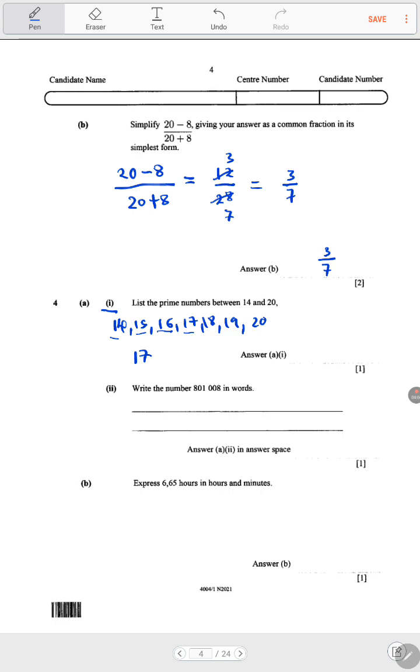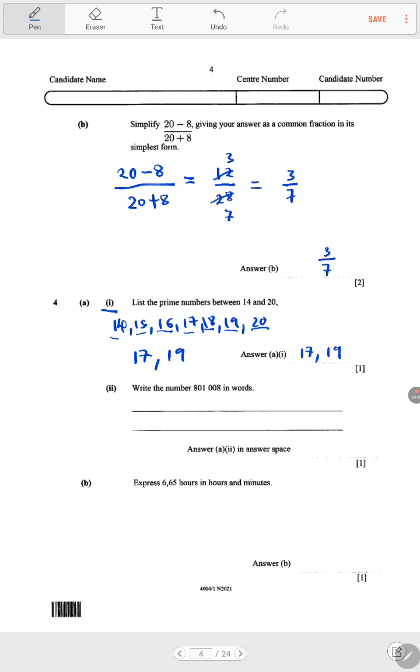You look at 18, more than 2 factors. 19 also is another prime number, and 20 is not, because 10 is a factor, 2 is a factor, 5, 4, all those numbers are factors. So list the prime numbers between 14 and 20. So the prime numbers are 17 and 19. 17 and 19.